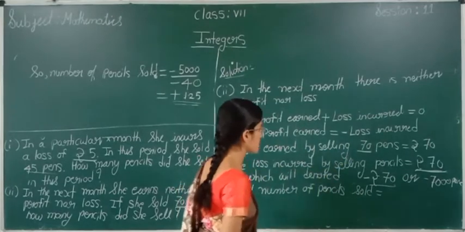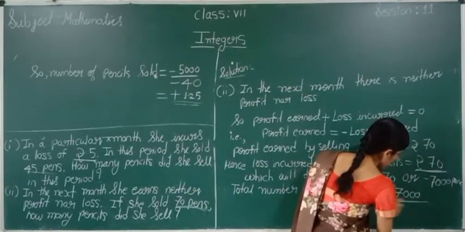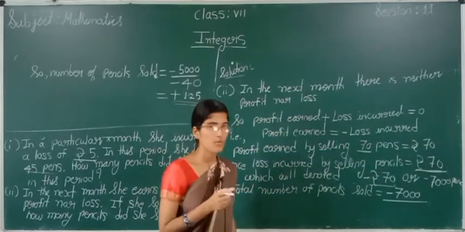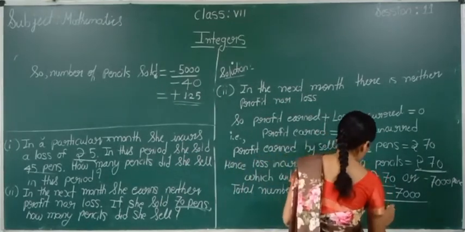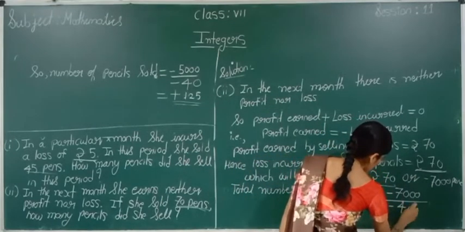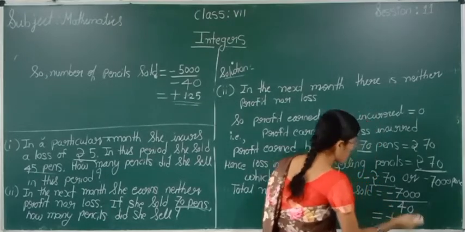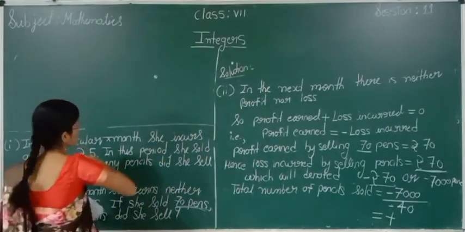Now, say loss incurred is minus 7000 by, okay, for 1 pencil, how much loss it will incur? That is minus 40 paise, right? When we divide two negative integers, the answer will come as a positive integer. Now divide and tell me the answer, students.